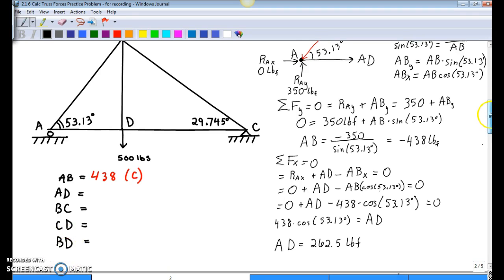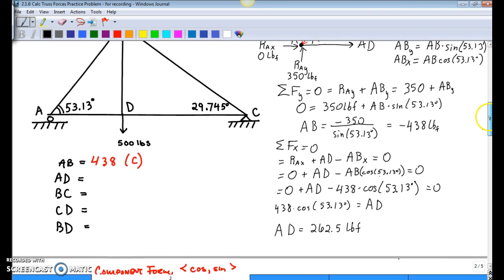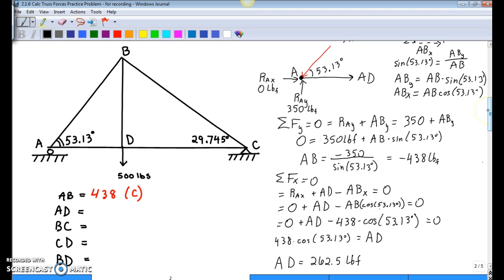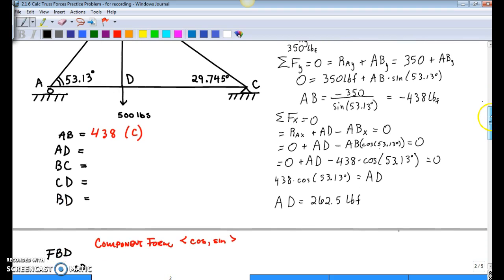There we go. Some of you may have been watching this entire video thinking, what are those members referring to? I had relabeled my letters before I started the video, but I never updated my table. So now we have AD 262.5. That was already positive, so that 262.5 stays in tension.